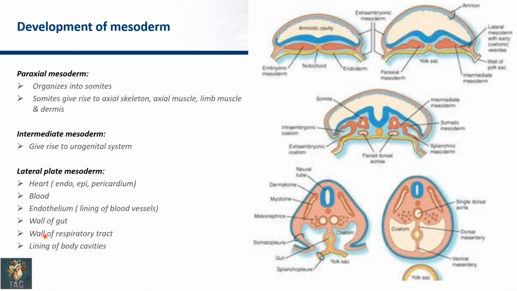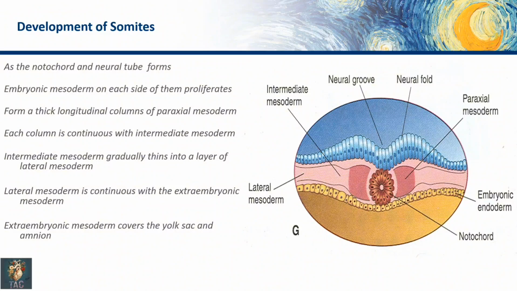Their musculature is also formed by the mesoderm, and the lining of the body cavities, that is the mesothelium. So these all are the derivatives of the three parts of the mesoderm, the paraxial, the intermediate and the lateral plate. Now we will see how the somites are formed.